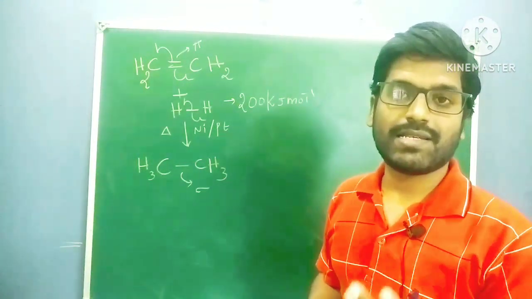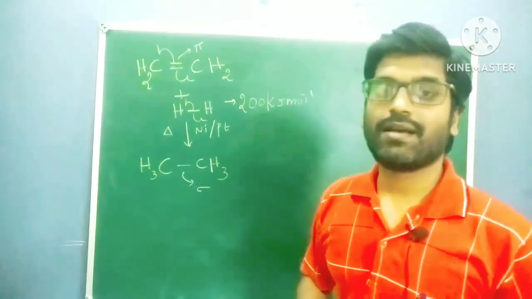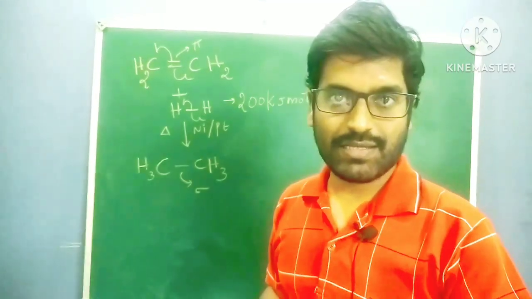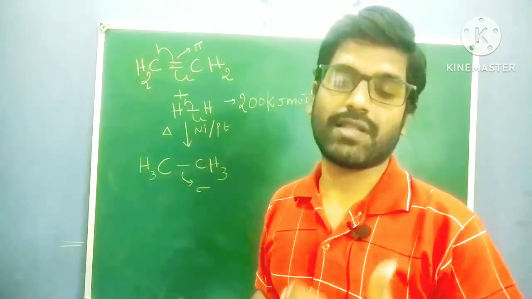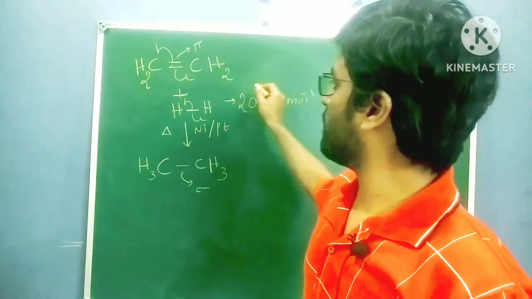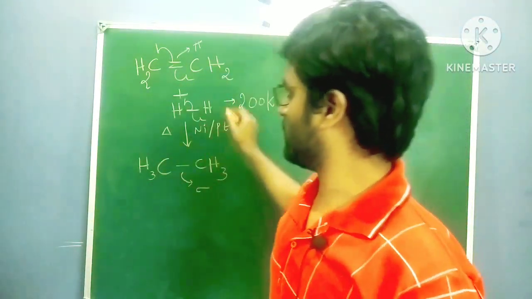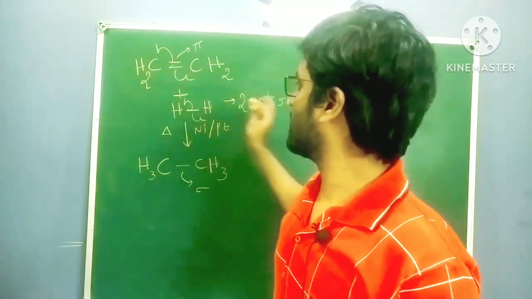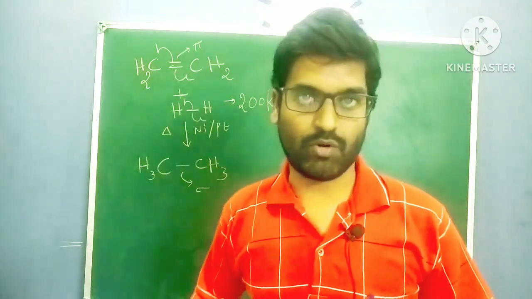Consuming energy is there, and releasing energy is there, because bonds are forming. When one bond is forming, energy will release, heat will release. We have seen this type of reaction in thermodynamics, right? I'm giving 200 kilojoule per mole to break this bond and proceed with this reaction.